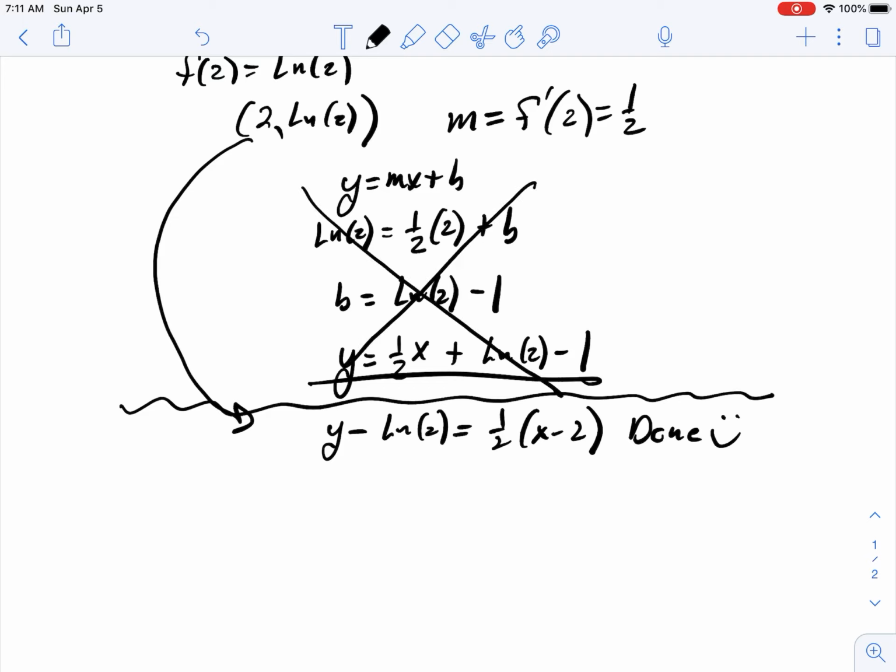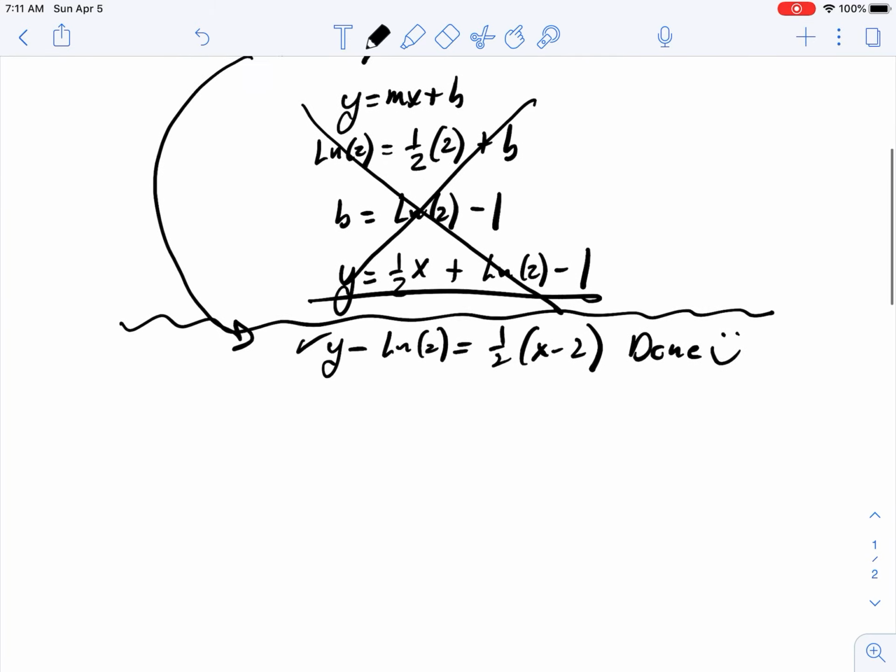So I bypassed all this stuff and finished. And they do accept that because I answered the question. So I want you to just think about that as we progress here, how sometimes using an equation can be speeded up later on.